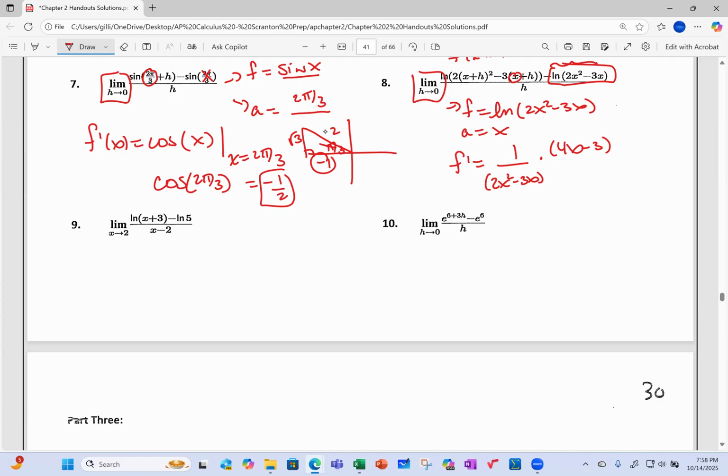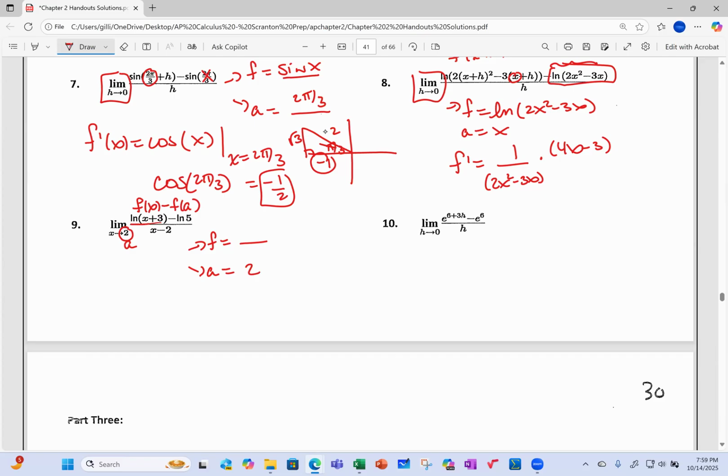And down here, this is the alternate form of the definition of derivative. It's the limit as x approaches a. So I need a function, and I know my a value is 2. In this form, the function goes first minus the f at a part.